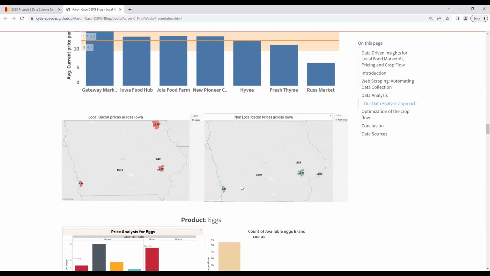One thing we noticed in this map is that the more southwest you go in Iowa, the prices of bacon are cheaper, but the more northeast you go, the prices are higher. So that could be an important thing for farmers to notice.